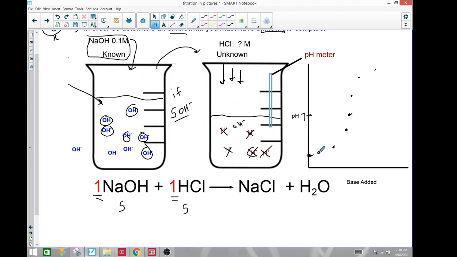Okay, and this is a pretty standard titration curve, and it spikes at what we call the equivalence point. Let's write that out here. It spikes right there, we call the equivalence point.